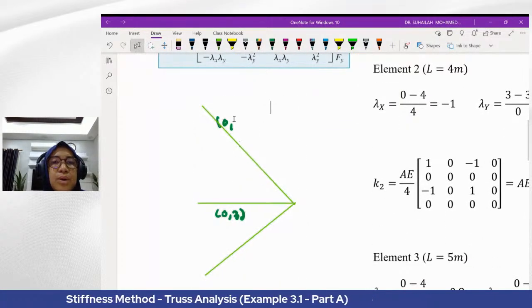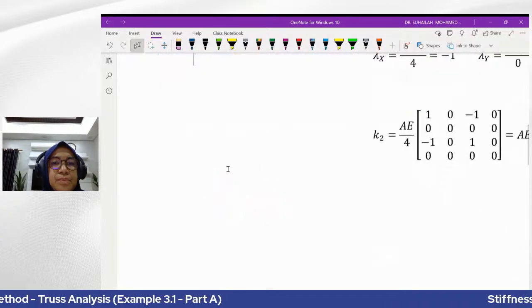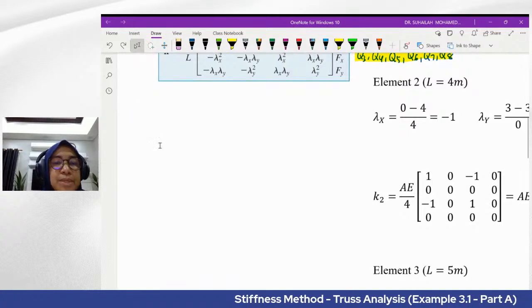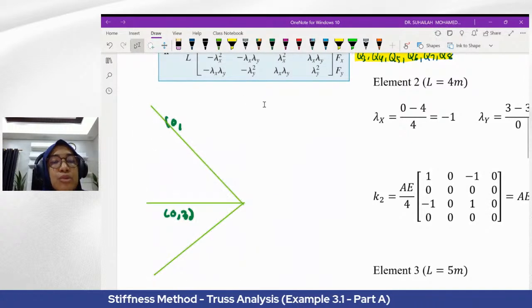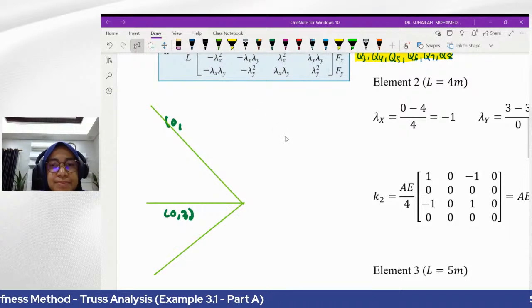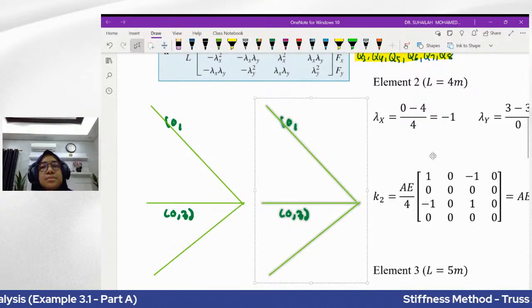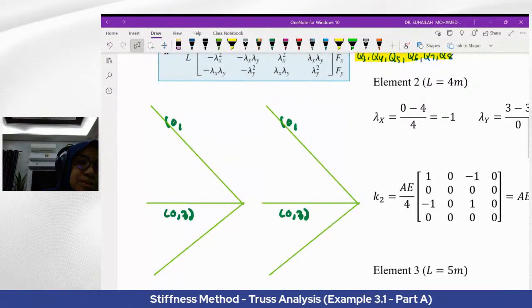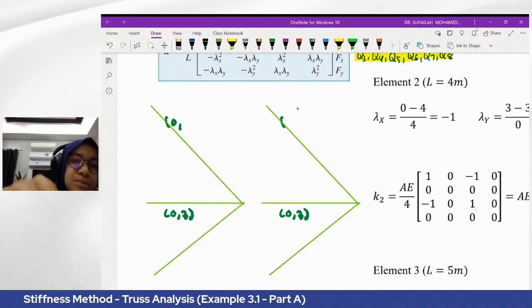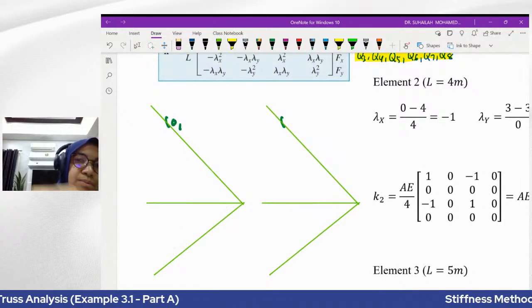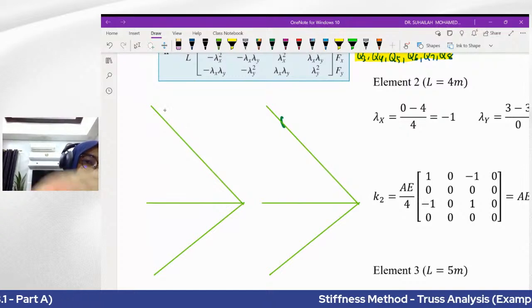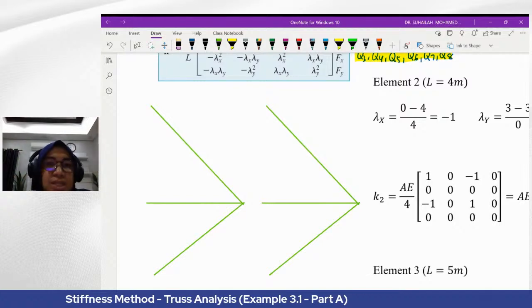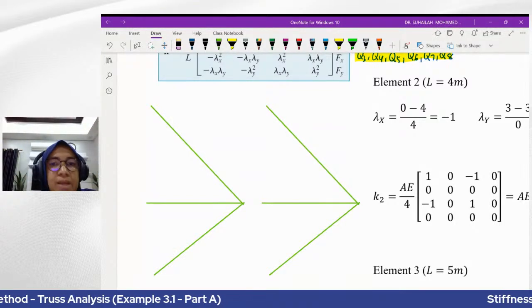I want to paste it 2 times, to represent one unconstrained and one constrained. So I have actually sketched the element, the truss.